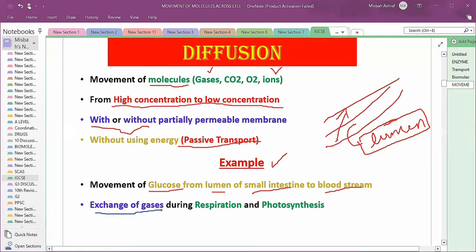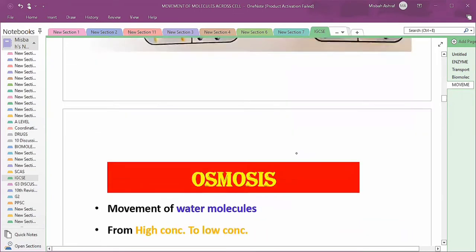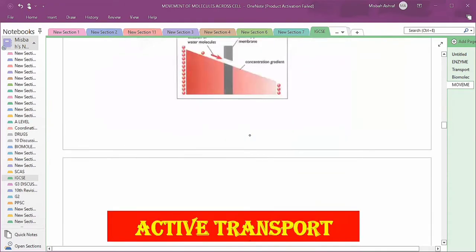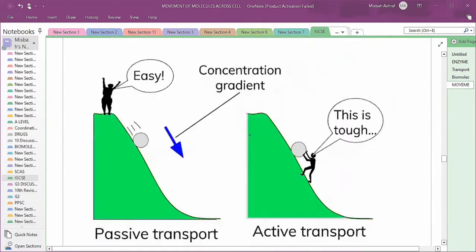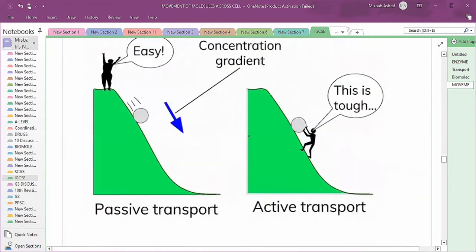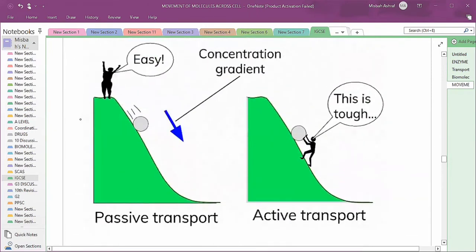Yes, Miss, what is passive transport? Passive is that transport where energy is not used. I have already written: without using energy. Passive is from high to low concentration. I can show you one diagram here. This is of passive transport. Here you can see that molecules or people are moving from high to low concentration. When things move from high to low concentration, no energy is used, and it's also easy for the molecules to move.